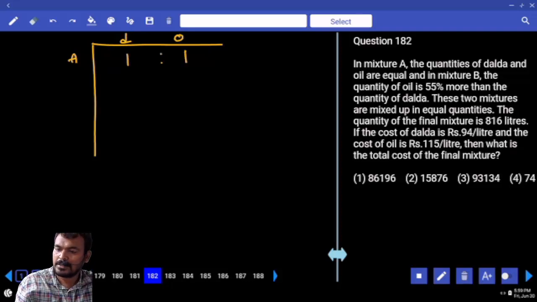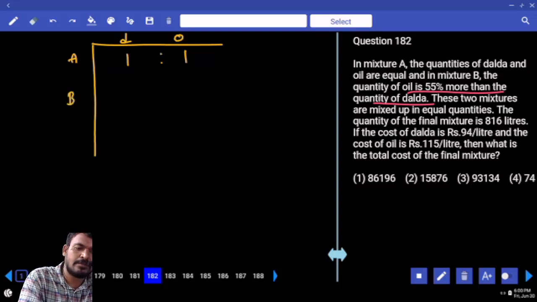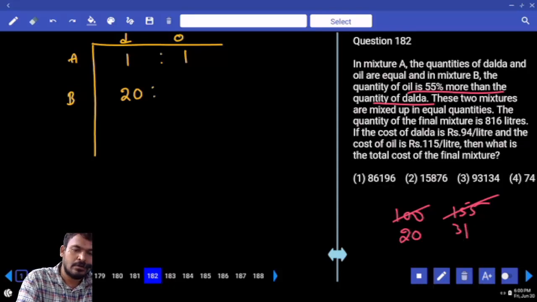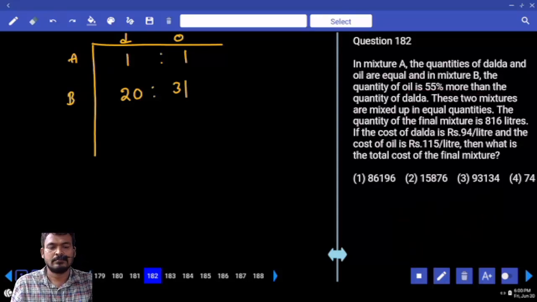In mixture B, the quantity of oil is 55% more than the dalda. 55% more means if dalda is 100%, oil is 155%. 100 means 20 parts, 155 means 31 parts, since 5 goes 20 times and 31 times. So the ratio is 20:31, meaning dalda is 20 parts and oil is 31 parts, and oil is more than dalda.